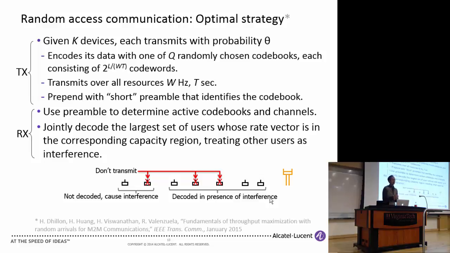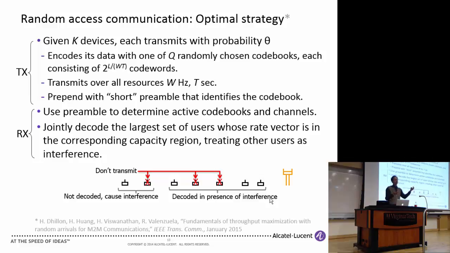So let's talk now about what the optimal strategy is. The optimal strategy is based on information theory techniques on the multiple access channel. For those of you familiar with that, the multiple access channel is when you have a bunch of devices communicating to a common receiver.